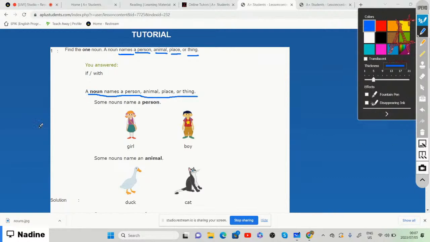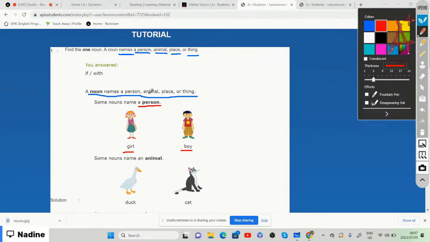And if we look at the few examples that we see over here, so a person, right? Some nouns name a person. So if you name a person, you can identify the noun as a girl, or you can identify it as a boy. A noun is a girl or it is a boy. It doesn't necessarily have to be Sarah, doesn't necessarily have to be Jim, or the name Caleb or something.